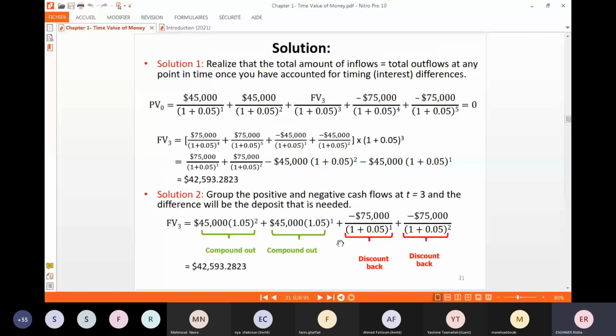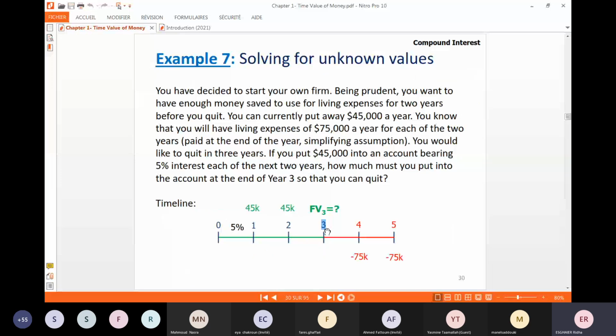The future value 3, only the future value 3, this amount x, the unknown amount, is equal to this compounded plus this compounded minus this discounted minus this discounted.